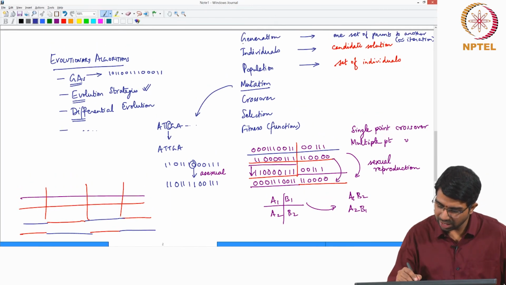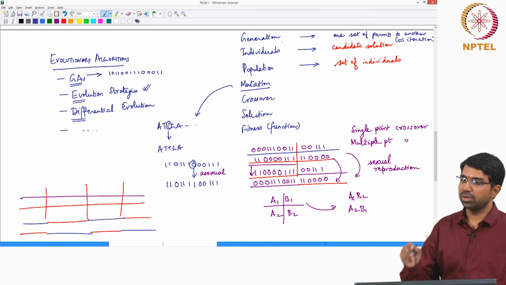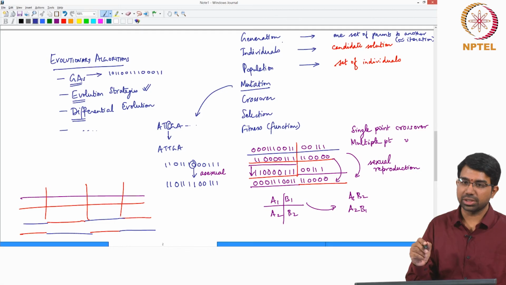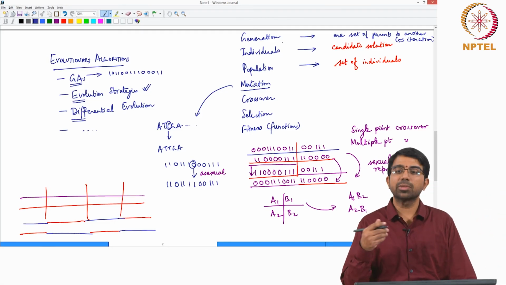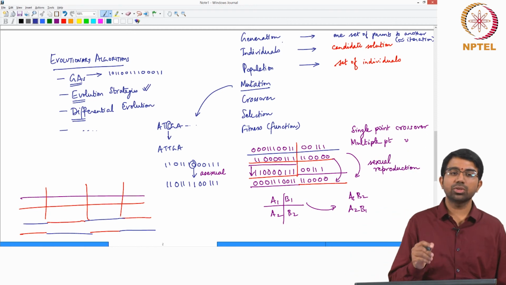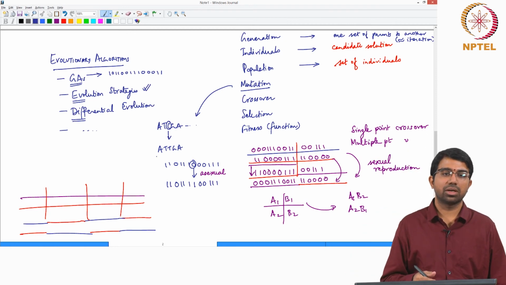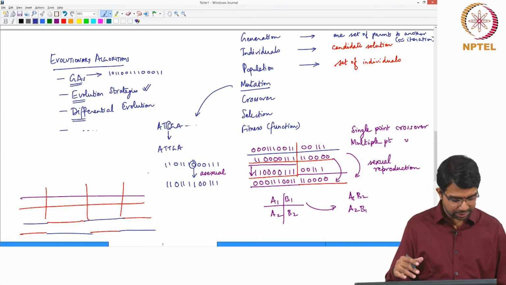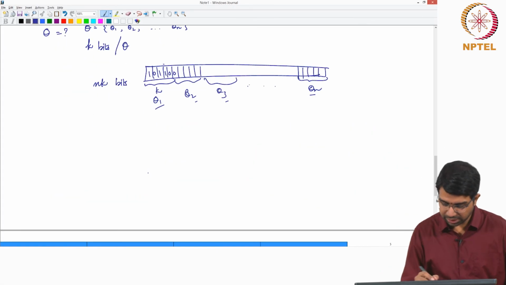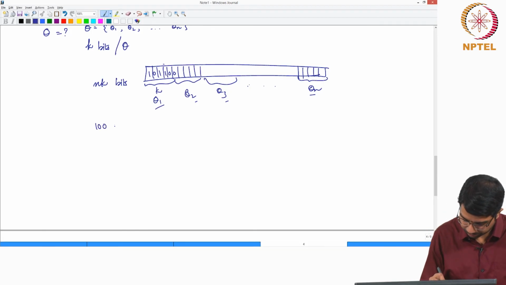So, we start with one generation with one population, right. At the end of one generation, you do a bunch of mutations, crossovers and so on, and generate multiple children. One thing that you do in most evolutionary algorithms is that you keep the population size fixed. So, let us say I started with 100 individuals.